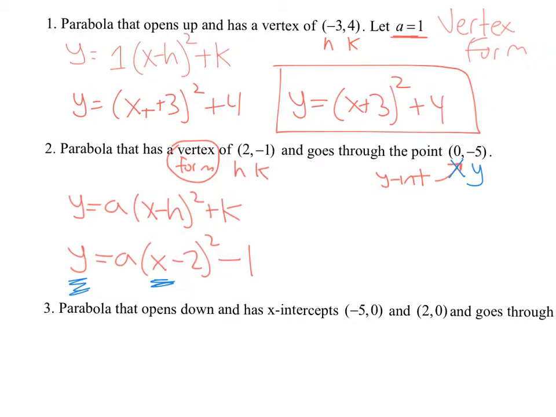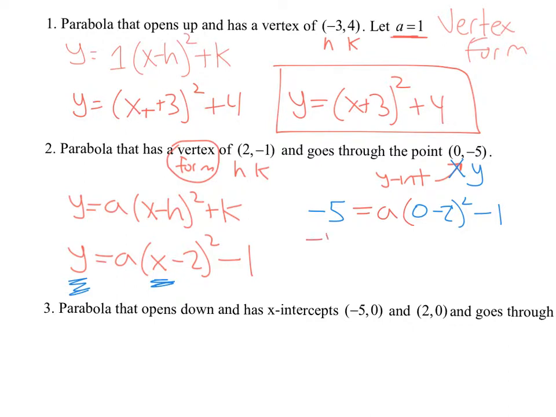So let's try that. We're going to plug in for x. So I'm going to go y is -5 equals a times, and then x was 0, minus 2 squared minus 1. Okay, and now I'm going to take this equation, I'm going to solve it for a.